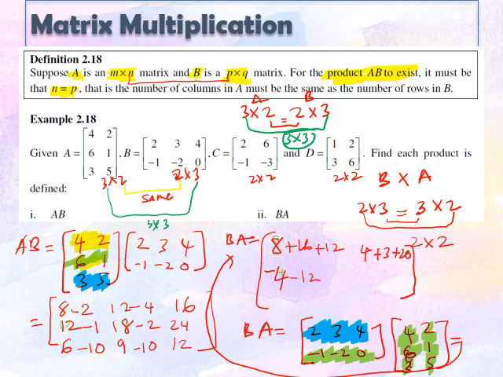Next is for the second column: negative 1 times 2 is negative 2, negative 2 times 1 is negative 2, and then we have 0 there. So the answer is actually 36, and then 27, negative 16, and negative 4. That's it.